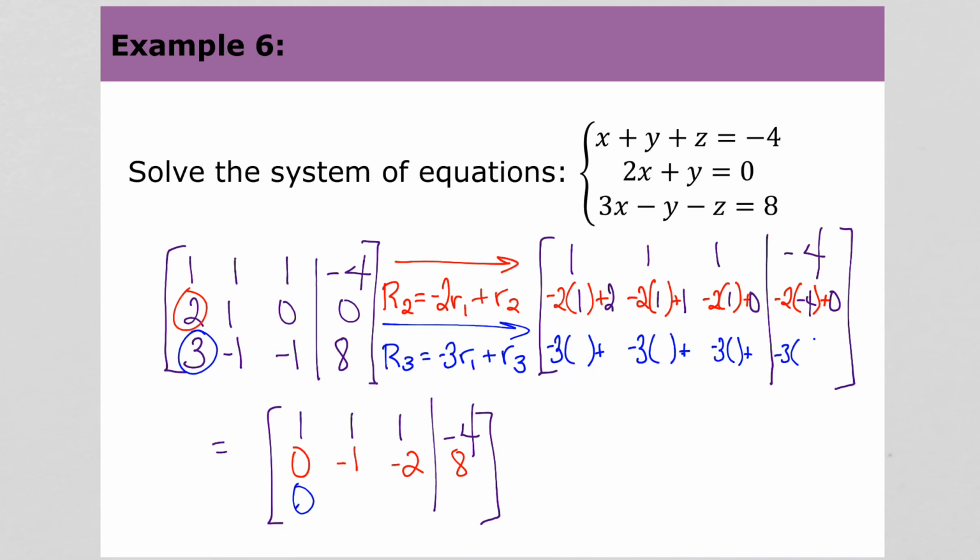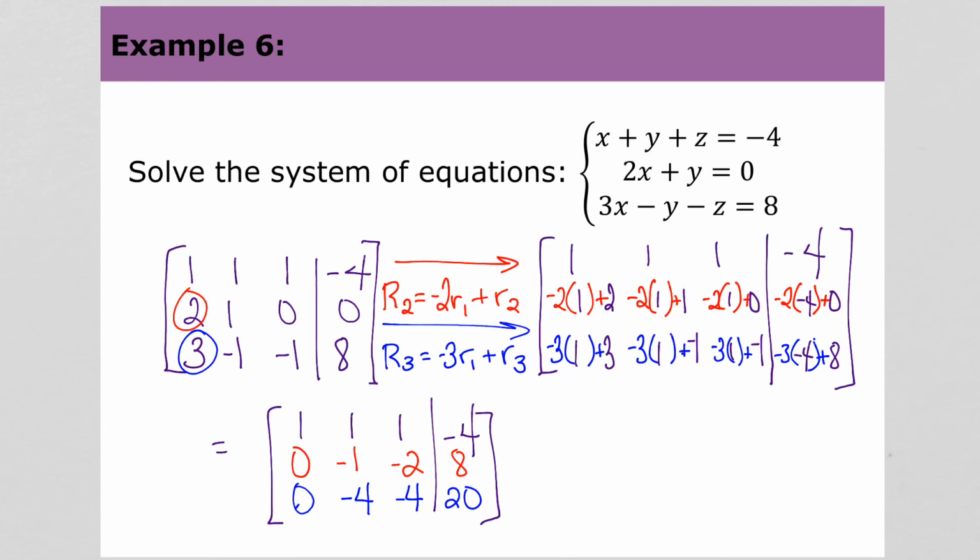My pencil just stopped working. Okay. So we have 1, 1, 1, -4. And then what was on row 3? So 3, -1, -1, and 8. So on the bottom, we now have 0, -4, -4, and 20.